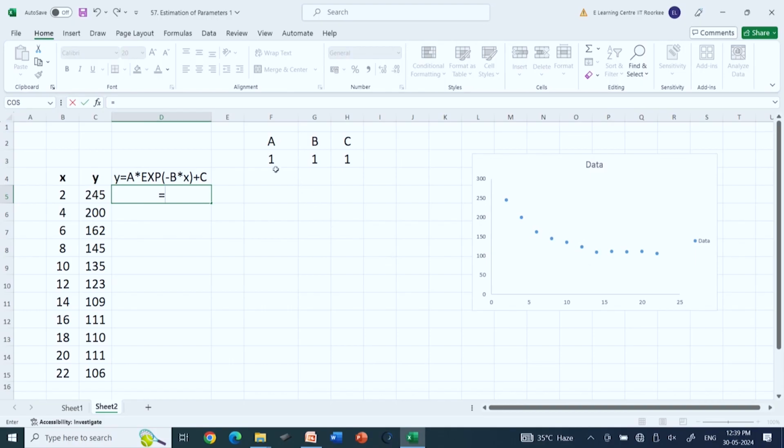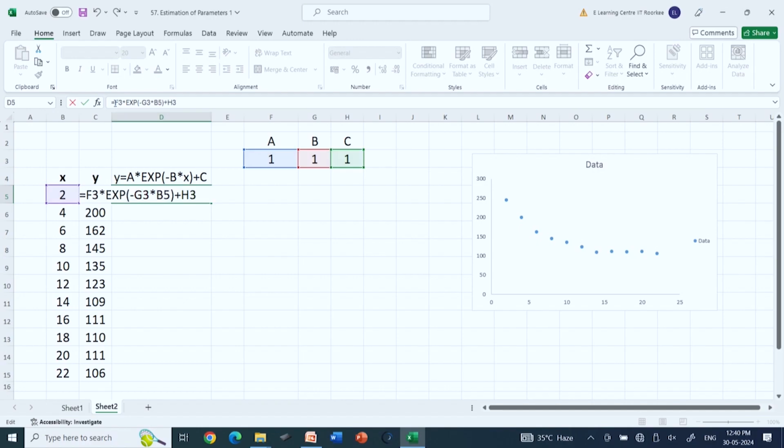So, this is equal to a multiplied by e exponential minus b multiplied by the x values plus c.